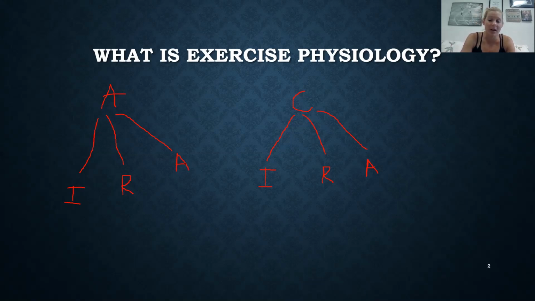So there are a lot of different things going on here. When we think about exercise physiology, think of all these different branches and all these different things I could look at as I start to study them.